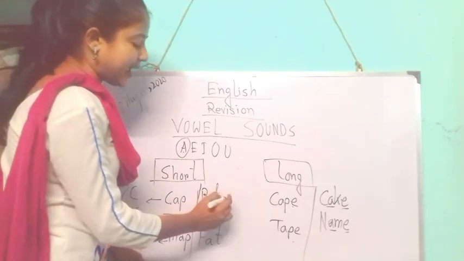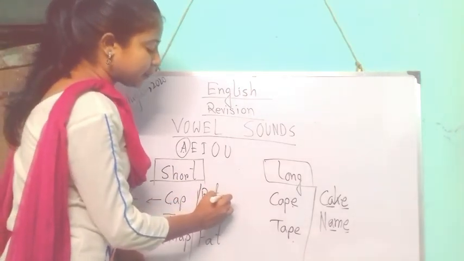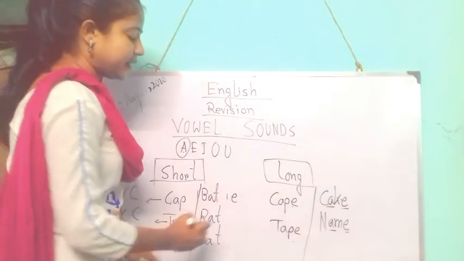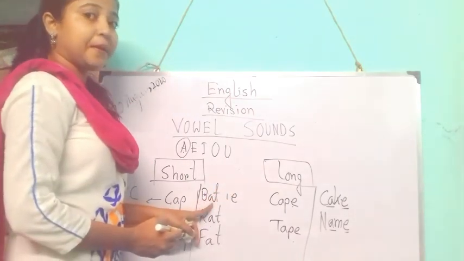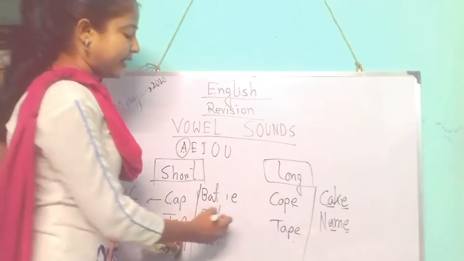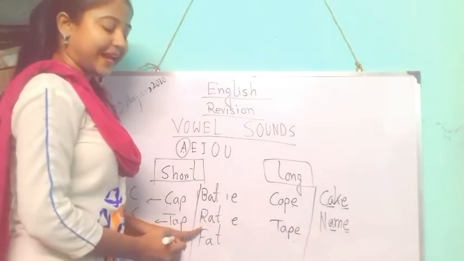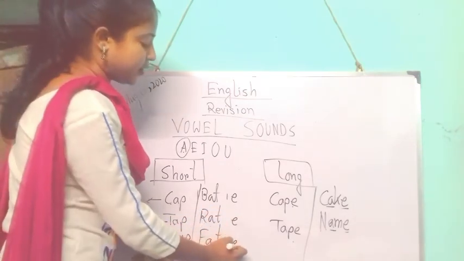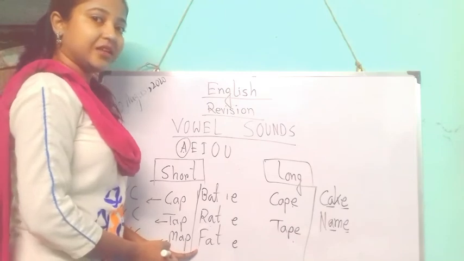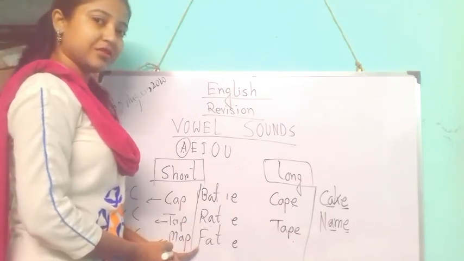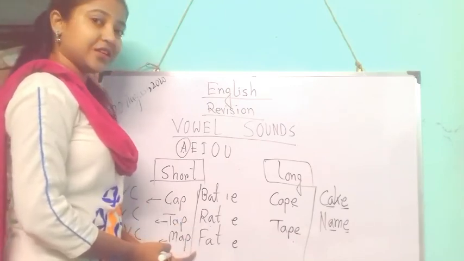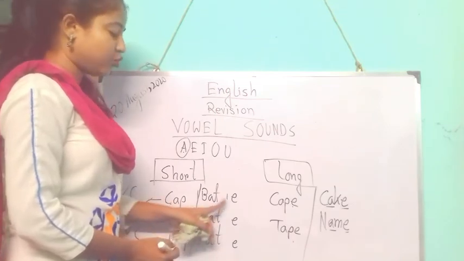But if we add one e here, like bat plus e, then it is B-A-T-E, bait, R-A-T-E, rate, F-A-T-E, fate. It's a change, right? Because here we added two vowels.